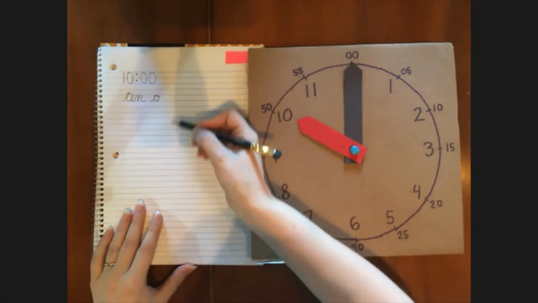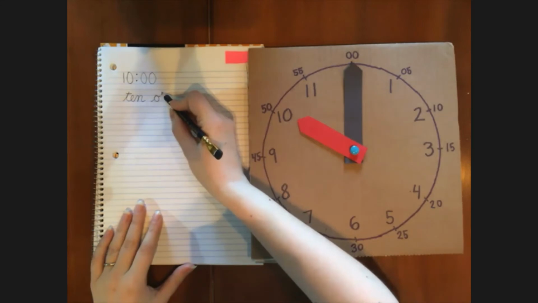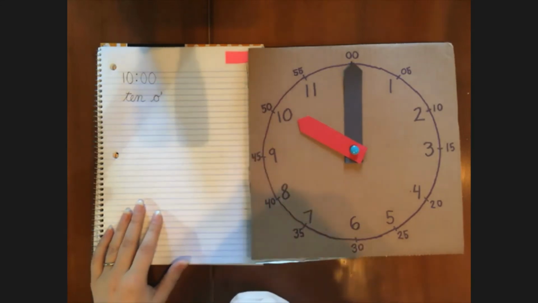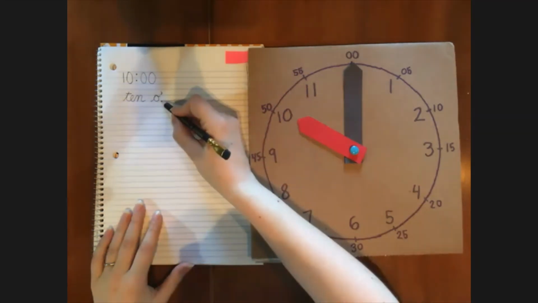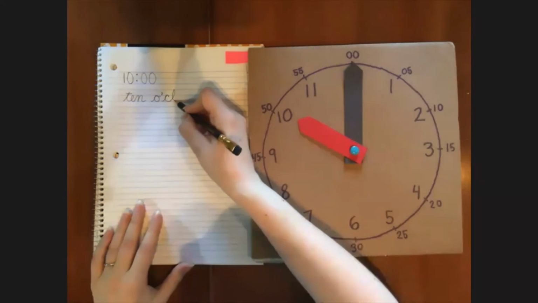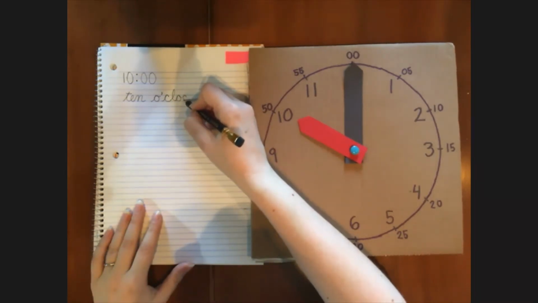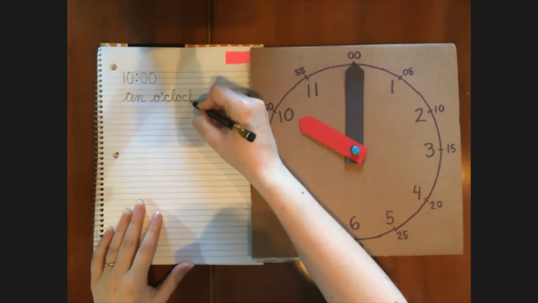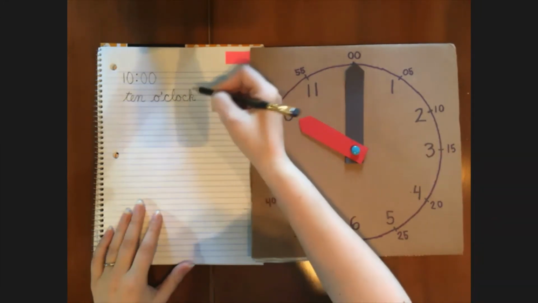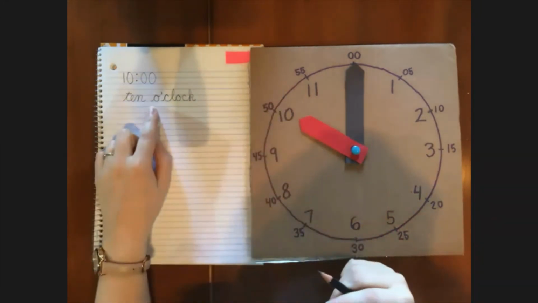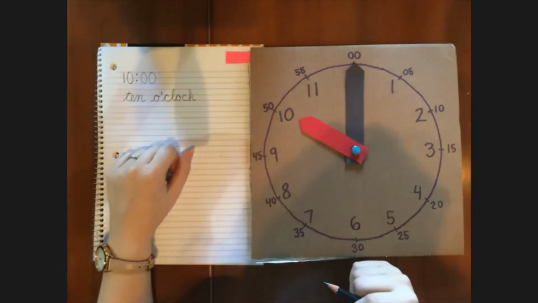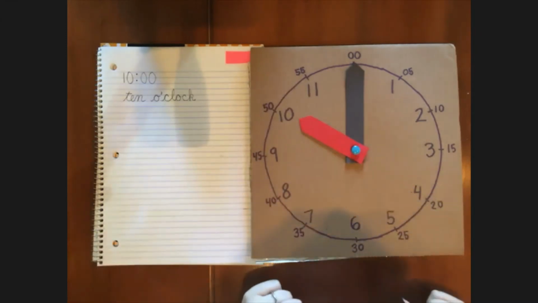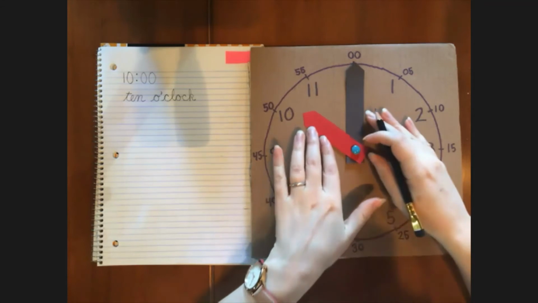O, and we make a little symbol called an apostrophe here. O'clock. 10 o'clock. Great.